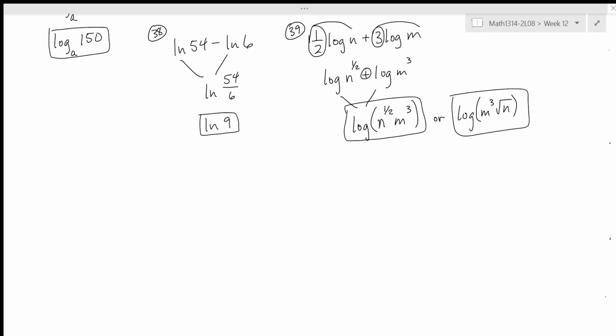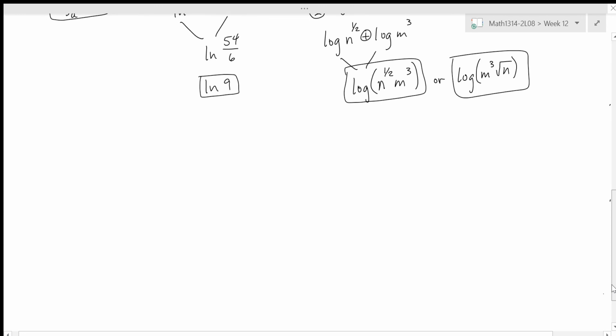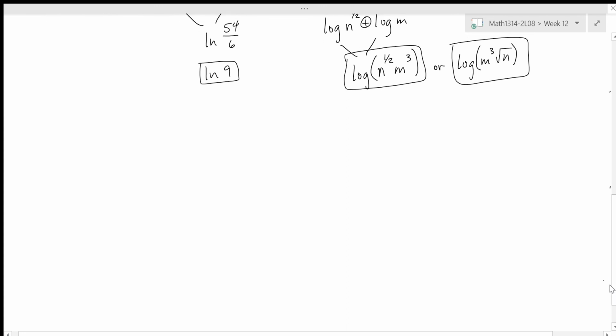Okay, last problem today. Let's see. You know what? I think I'm just going to make it up. My own problem. Something like what you might see on the next test. Okay? Let's do 3 log base. What's a good base? What's a good letter we don't use nearly enough? S?